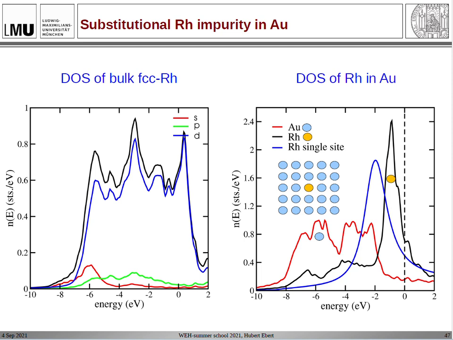Obviously, it differs already quite pronounced from the isolated atom in a free electron sea, because of the hybridization with the host. And this is now what you would have to use if you want to calculate X-ray emission or X-ray absorption and so on. So this is your element-specific and site-projected property of that impurity in that host.